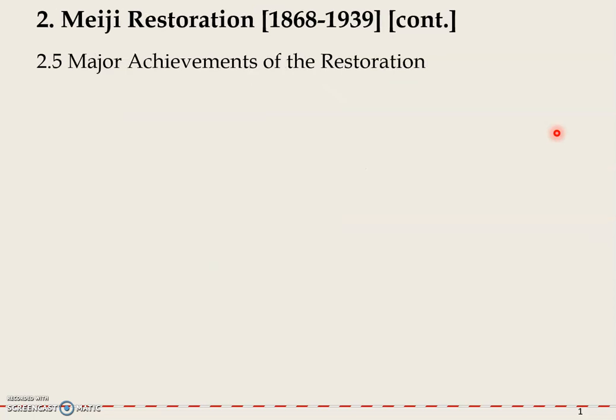All right, here we can provide a brief summary of the achievements of the restoration. The first one is that towards the end of the 19th century and the beginning of the 20th century, Japan already had a highly centralized bureaucratic government.